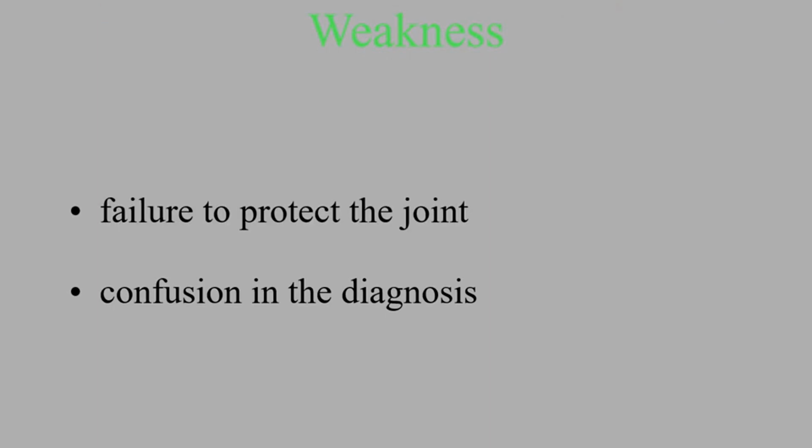Non-fatigable segmental weakness. This can lead to failure to protect the joint, particularly during high amplitude or ballistic, high velocity movements, and then the joint can break down. And again, it will lead to confusion in the diagnosis as segmental weakness. Just be aware though that the abnormal fatigability seen with a segmental palsy is not present in this case.